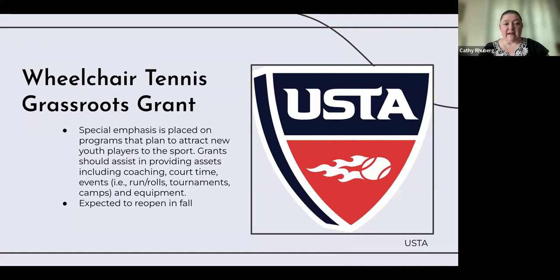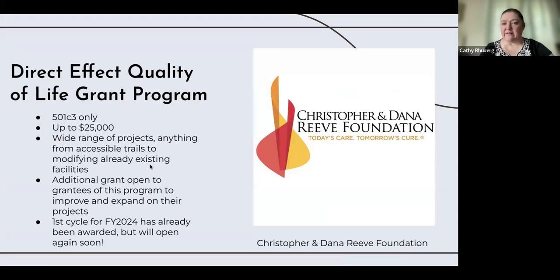So if you're planning a wheelchair tennis summer camp, which has become much more popular, then this grant may be useful. It reopens in the fall, so you have time to collect the information, and then you would implement it the following summer. Unless you live in an area that's just got a good tennis climate all year long.